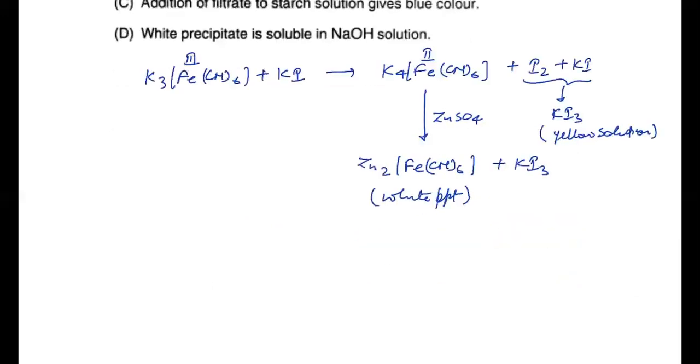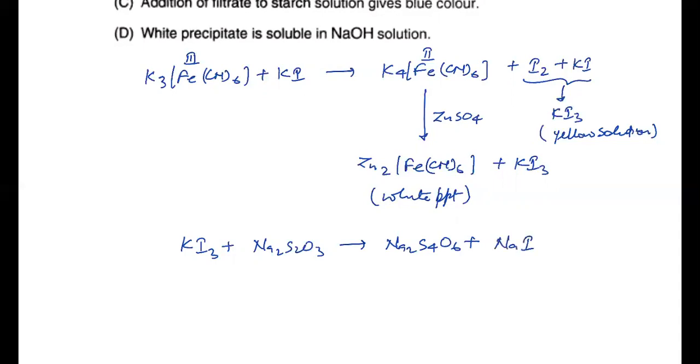And when you treat this KI3 with hypo solution Na2S2O3, Na2S2O3 reacts with iodine to form Na2S4O6 again, and it will convert to KI solution. It will convert to NaI or KI, so that mixture can be written. You may write K plus also. So this is the product possible.